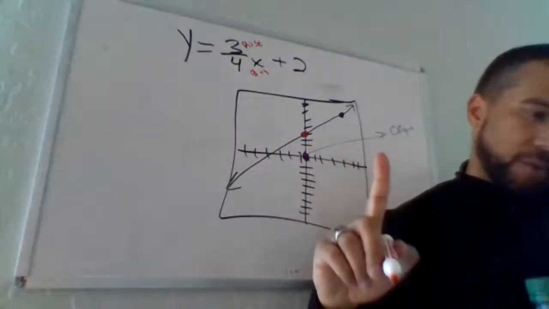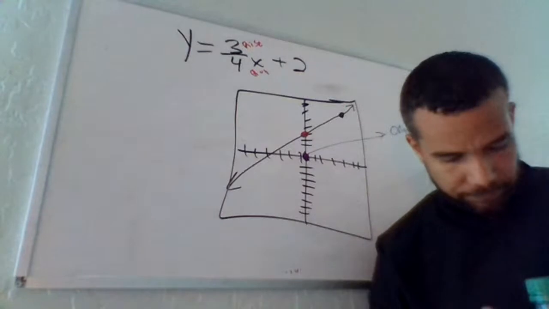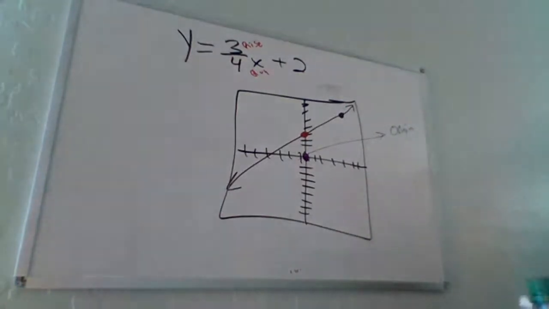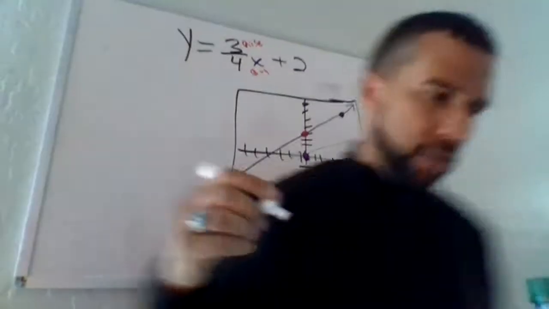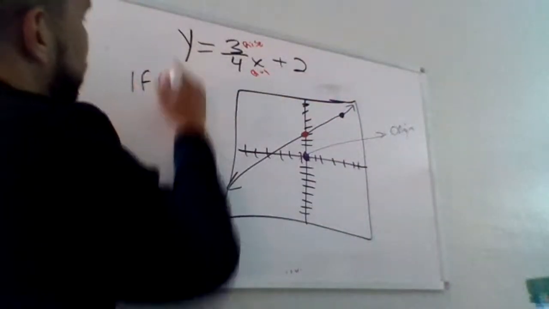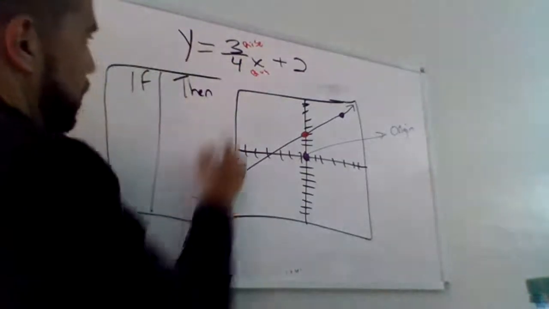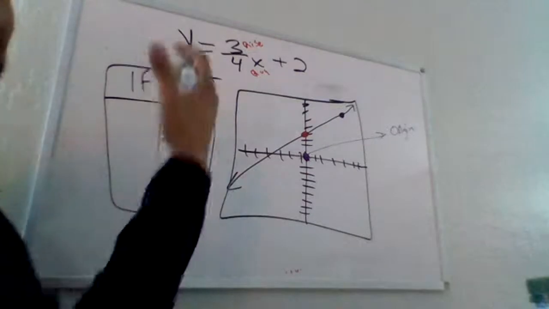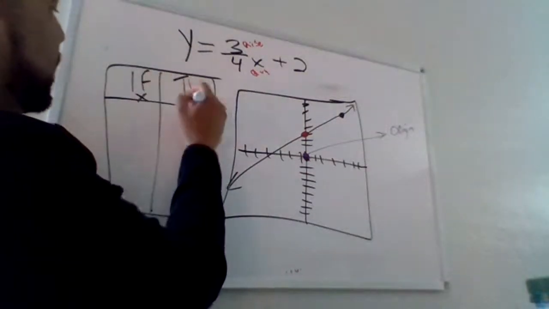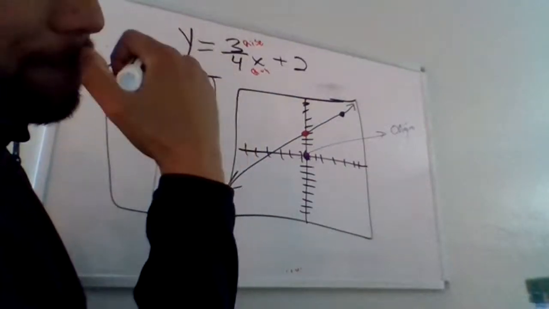The other way you can find it is when they give you a table. Here's what I mean. You're going to get a table that looks like this. If and then. That's a great question. It might say something like, if X is 1, then what is Y?